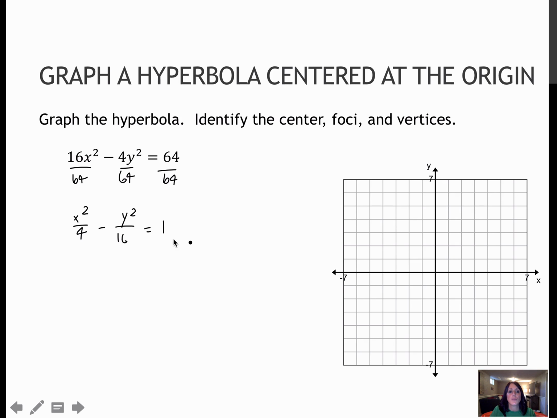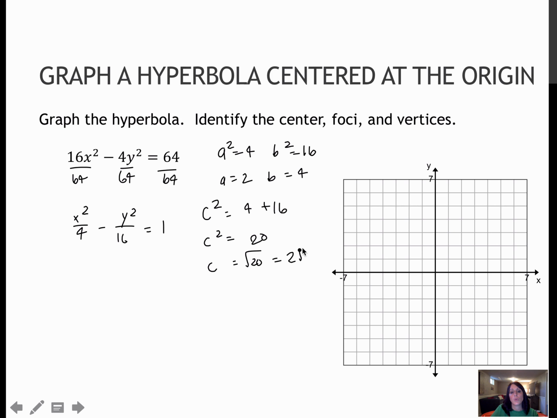So just as we did before, we're going to find our a value. So a squared is 4, b squared is 16, so a is 2, b is 4. Find your c value, which is 4 plus 16, so 20, so c is radical 20, or 2 radical 5.